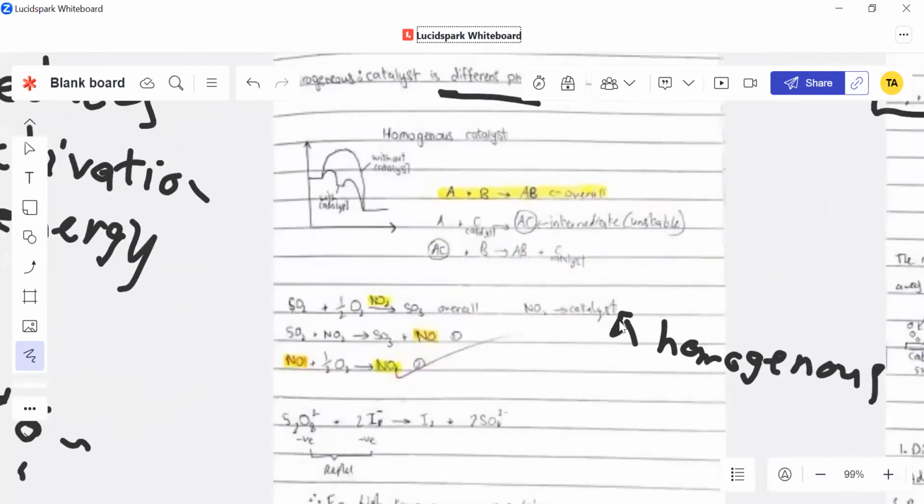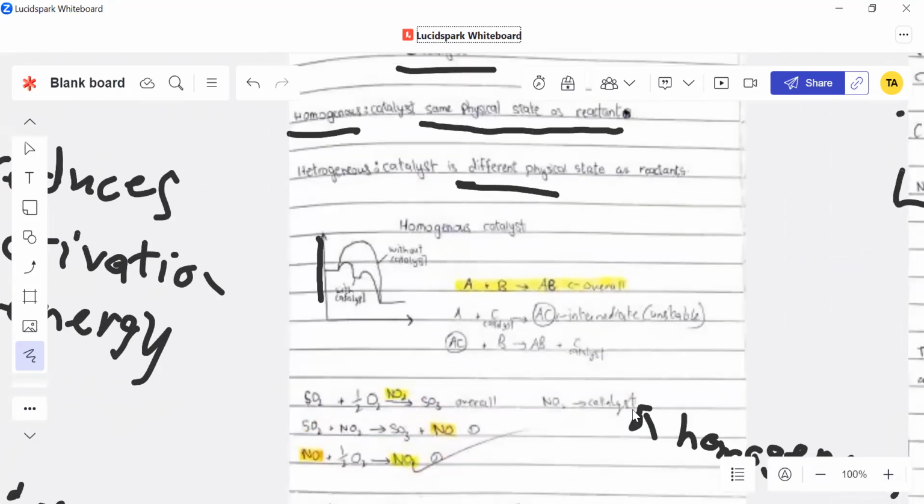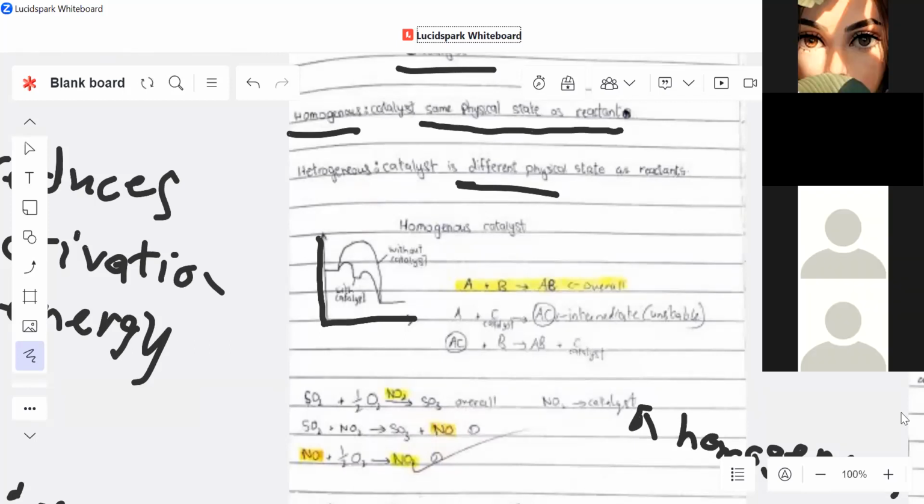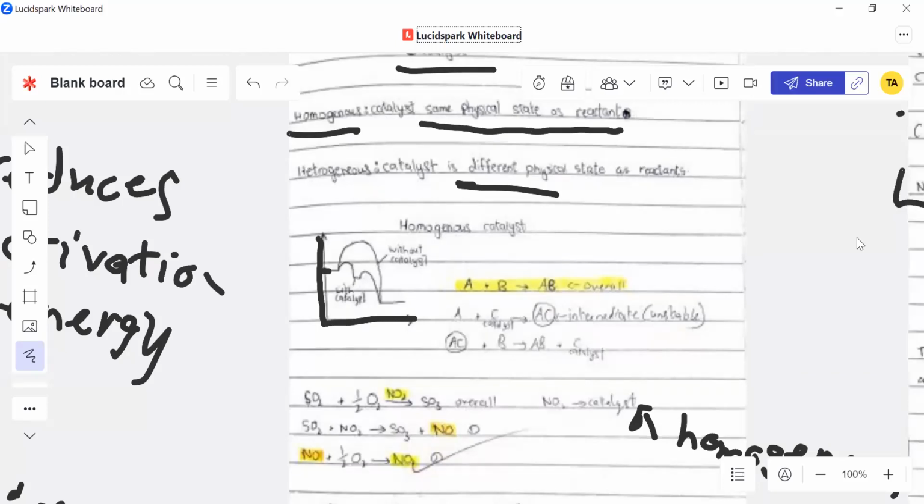So let's say that this right here is an energy diagram. Without a catalyst, when I don't use a catalyst, this would be the energy cycle of my reaction. But when I use a catalyst, let me explain this again. There are two energy cycles right here, this cycle and this cycle.